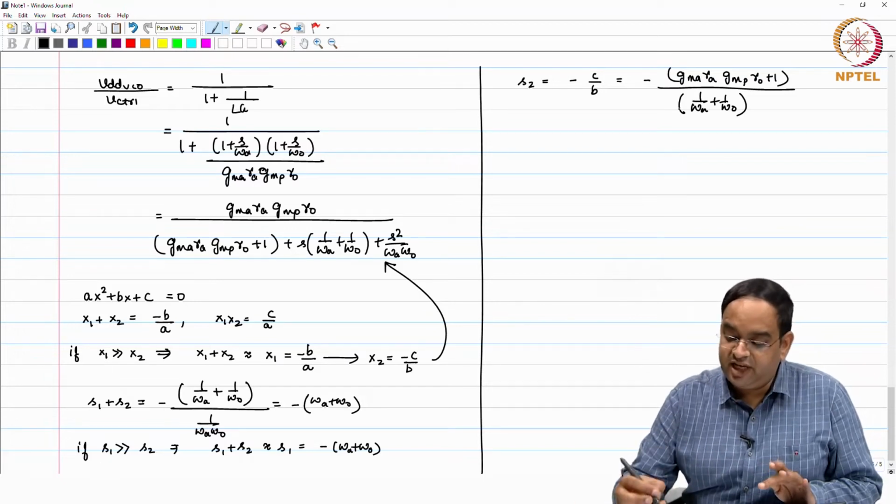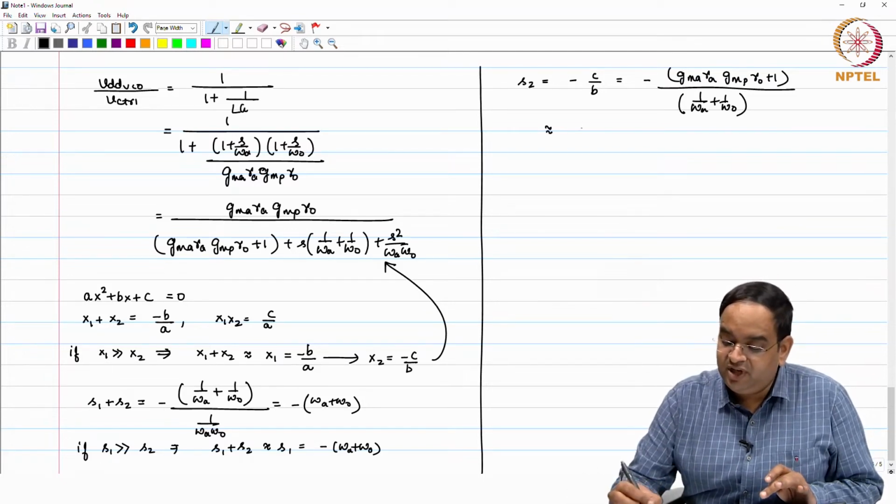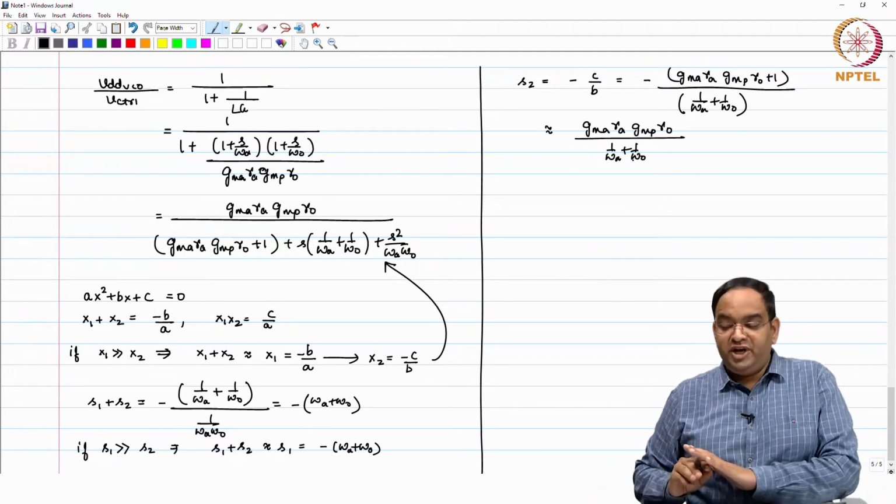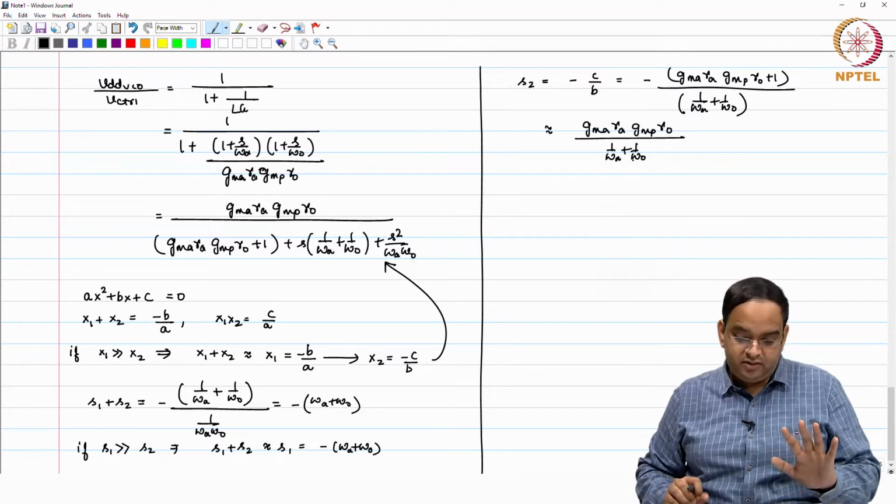So, this is our second pole. I can write this approximately as GMA RA GMP RO divided by 1 by omega a plus 1 by omega o. So, in closed loop you are going to get two poles like this.